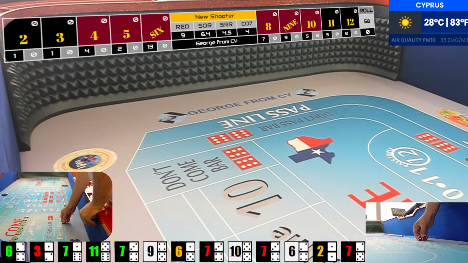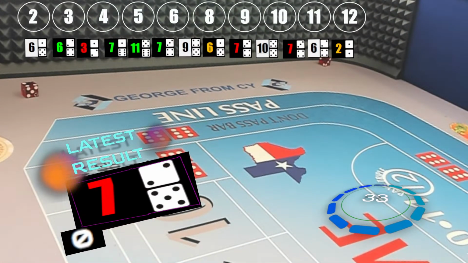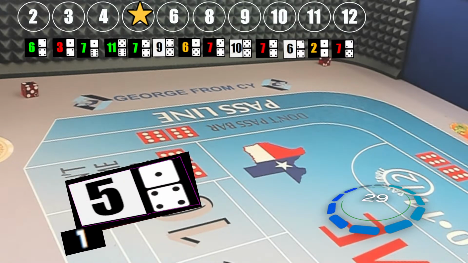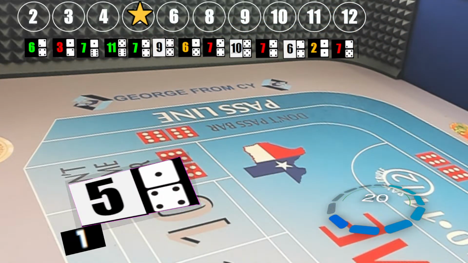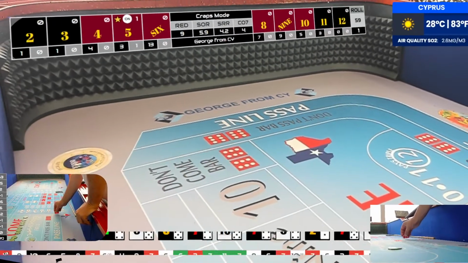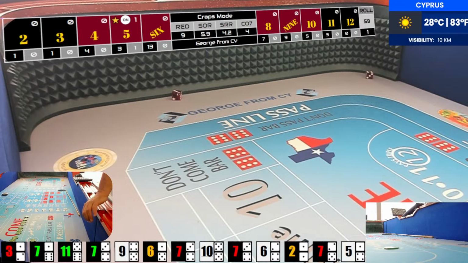Dice out 6-5, 6-4. Four one. Two four 2-1. Three 6.